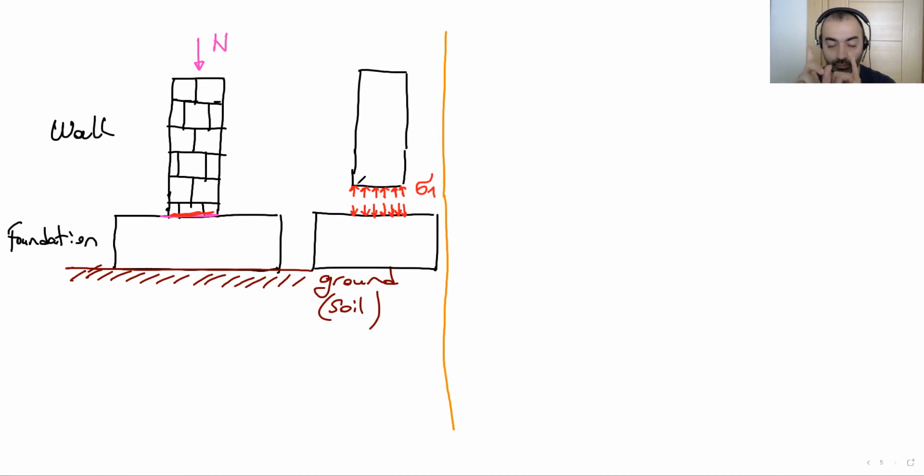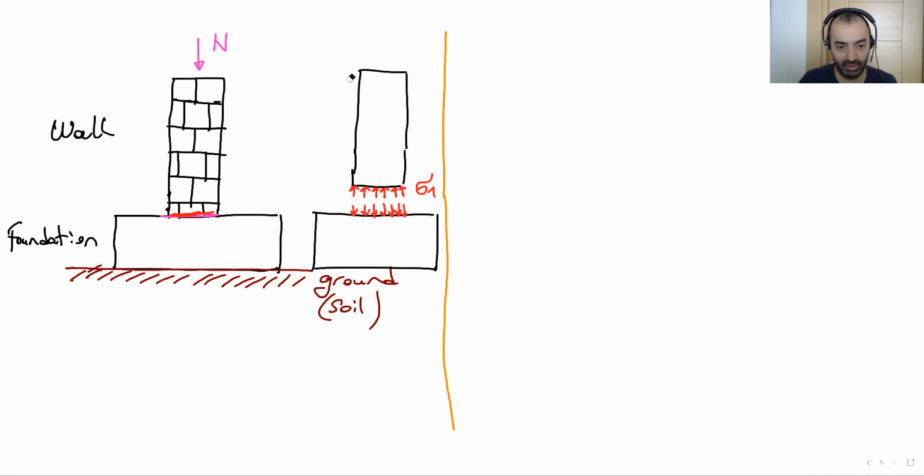So firstly, our sigma 1 stress should be less than the allowable stress of the wall and also allowable stress of the foundation to make a safe design. Okay, we have a stress over there because the area is small. So the sigma 1 should be less than allowable stress of both wall and foundation. Then we take this sigma 1 on the foundation and transfer it to ground.